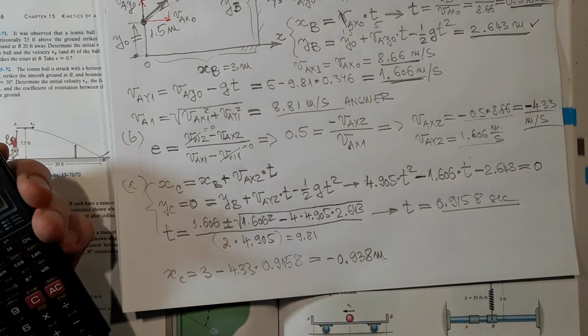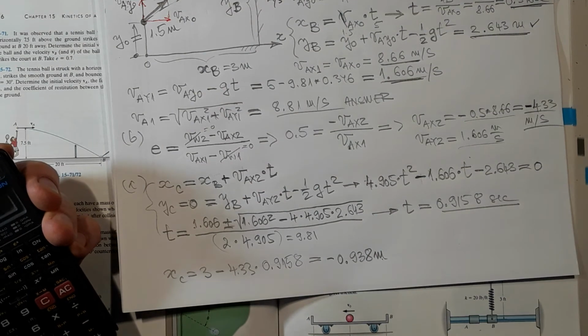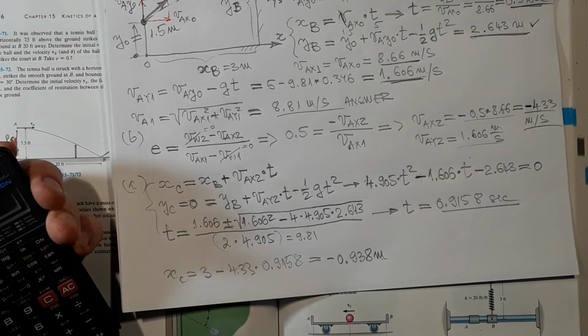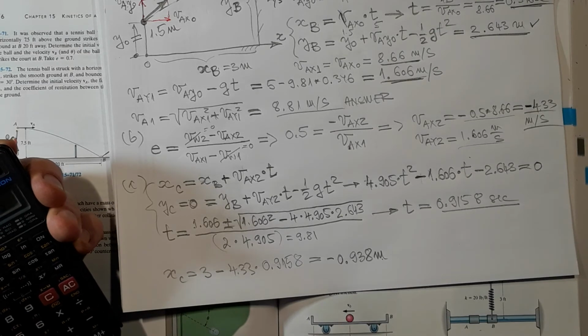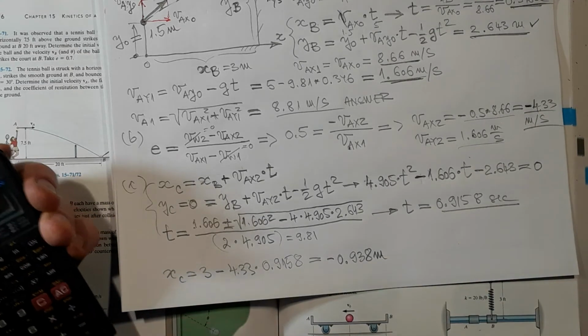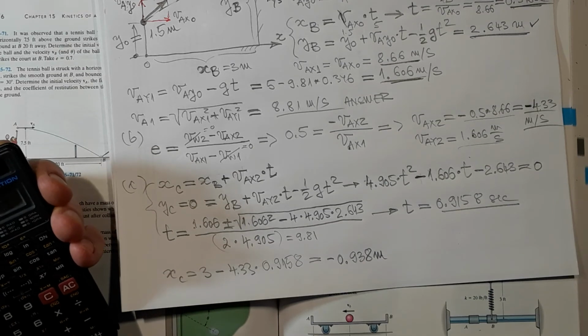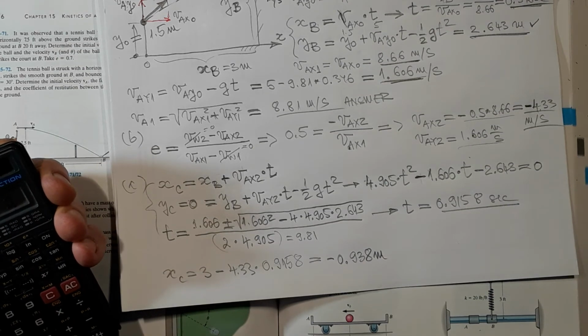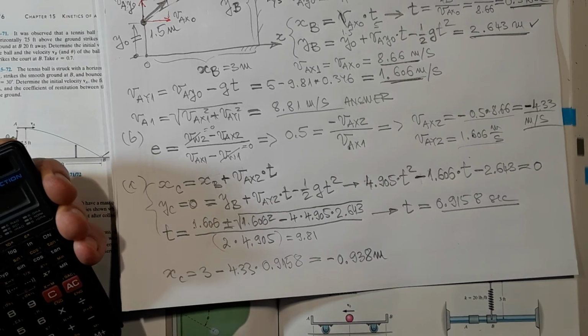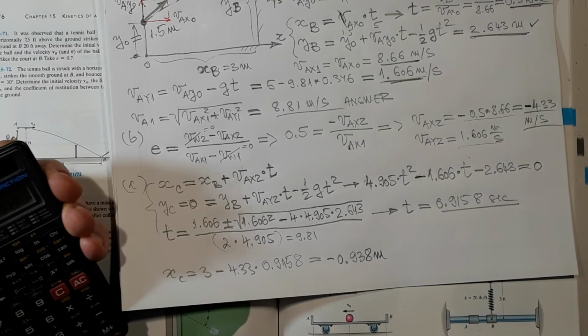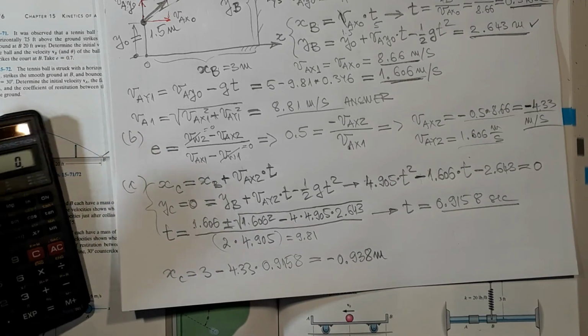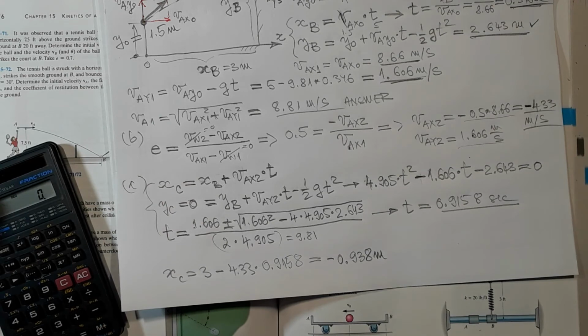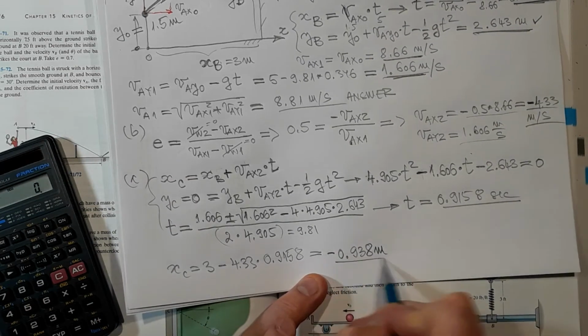Let's verify: 3 minus 4.33 times 0.9158. Okay, different values, different times. Let's assume this is the correct value.